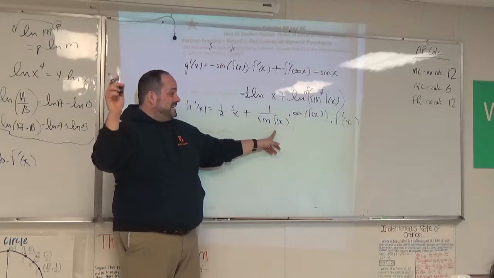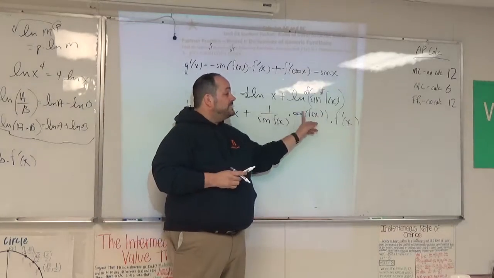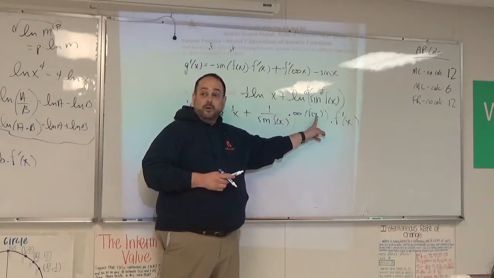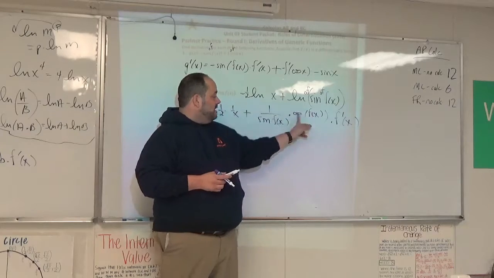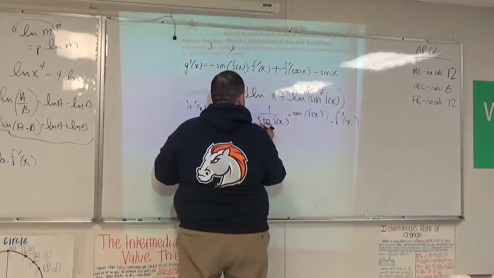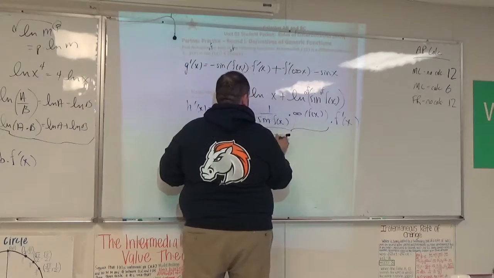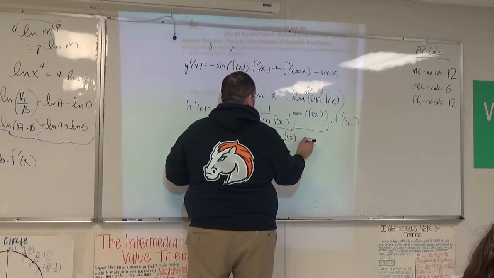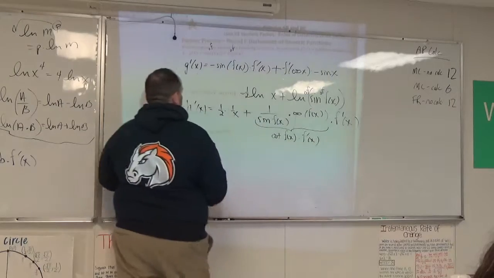But I did hear Carmen say cotangent as well for a really good reason. Cosine over sine is cotangent. So there you're not using calculus, you're using your trig to write this whole thing as cotangent of f of x times f prime of x.